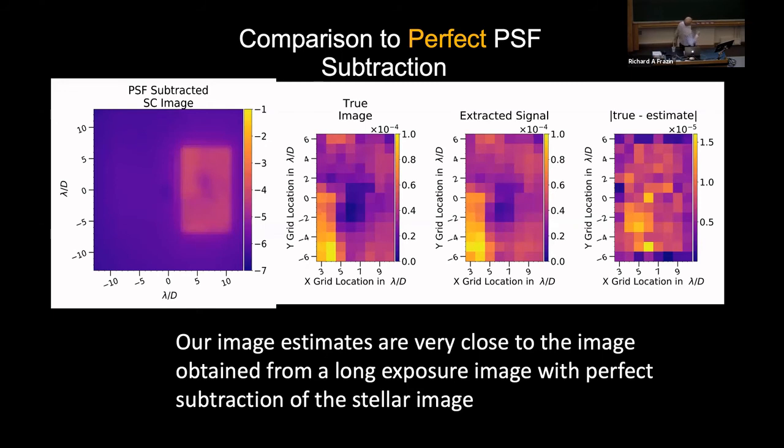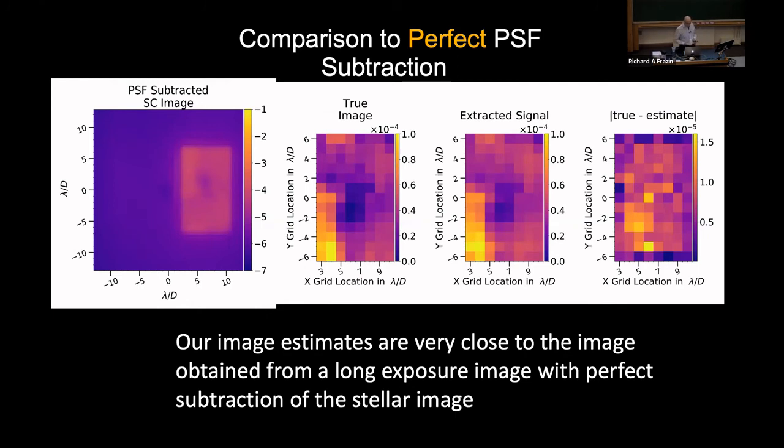Now, it turns out that our estimate of the image is extremely close to what you would get if you had a perfect PSF subtraction. So if you knew exactly what the speckles were and you made an image, you would get what's over here, which is very close in error to what we estimated without that.